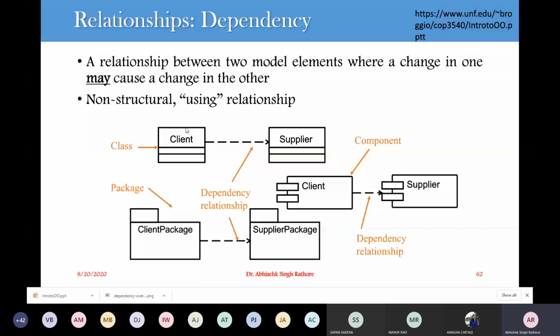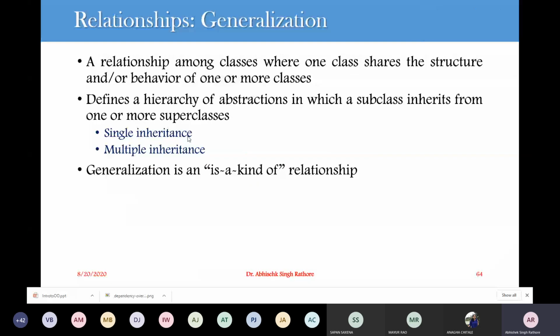So we'll go for the next type of relationship, which is known as generalization. So what is a generalization? When we are going for a generalization relationship, it represents a super class and subclass type of relationship. It shares its common behavior and attributes to subclasses, where it provides a hierarchy of abstraction to the subclasses.